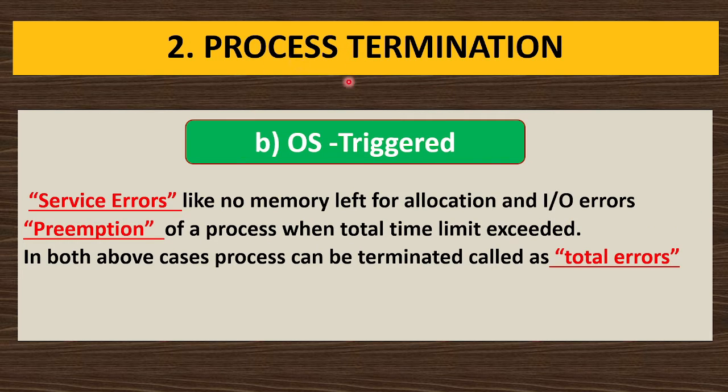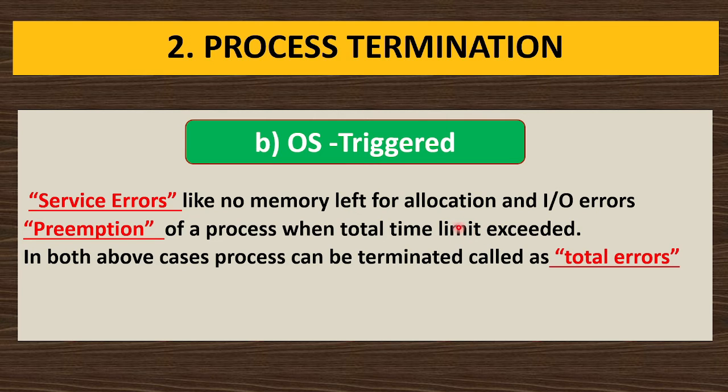Next under process termination is OS triggered. There are service errors like no memory left for allocation, and IO errors. Service errors will be given by the operating system. Another one is preemption of a process when the total time limit is exceeded. The OS will terminate the process if there are service errors or preemption-related errors, that is, preemption of the process when the time limit is exceeded.